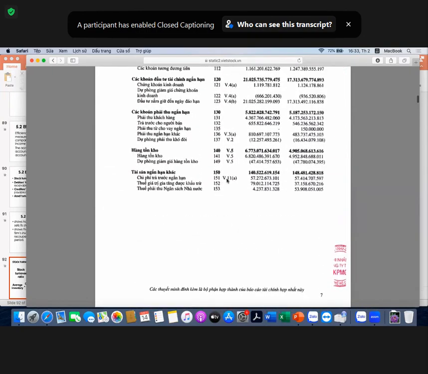Sum of 6,773.1 plus 4,905.1. Okay. So, what is the inventory turnover?